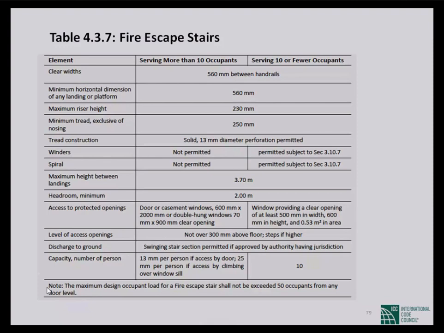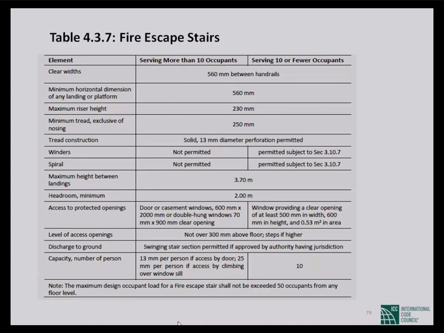If it cannot exceed 50, for 500 people you need 10 exits. But you have already written that for less than 500 you need 2 exits, less than 1000 you have 3 exits, more than 1000 you have 4 exits. This is the restriction already written in the BNBC.